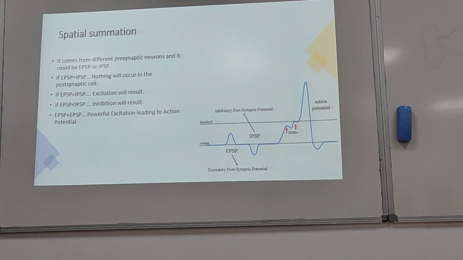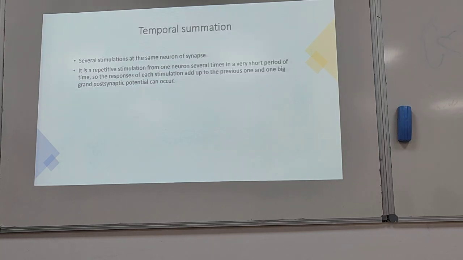If excitatory potential is more than inhibitory potential, excitation. If excitatory potential is less than inhibitory potential, inhibition. If excitatory potentials are multiple, there is powerful excitation. We three together said Muhammad. Or I said it very loud. This is what it means. We have got a grand potential.